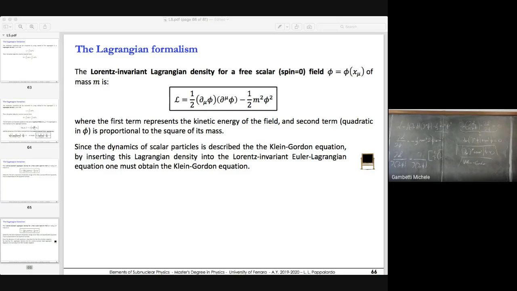So this proves, in fact, that this is the Lagrangian density for a free scalar field.